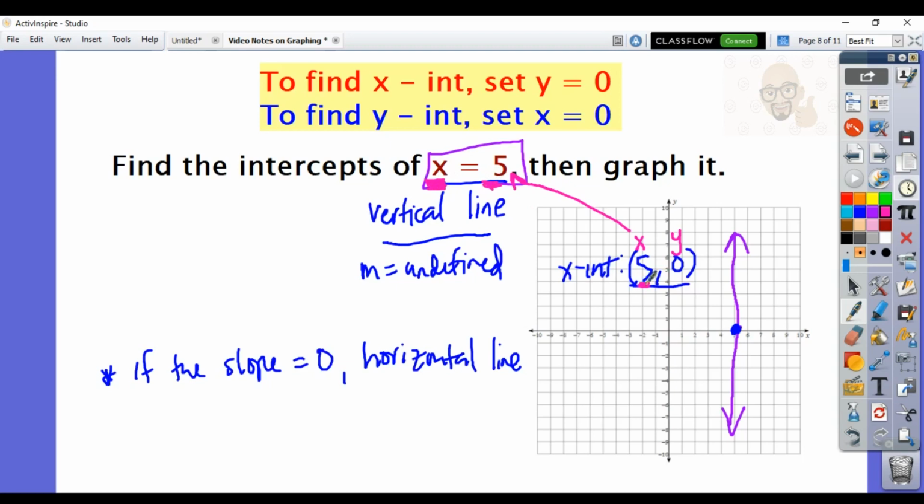And the y there is 0 because it's the x-intercept. But when we look for the y-intercept, if I extend this arrowhead, will it eventually cross the y-axis if it's stretched out towards infinity? The answer is no. It will not cross the y-axis. So the y-intercept here is going to be none.